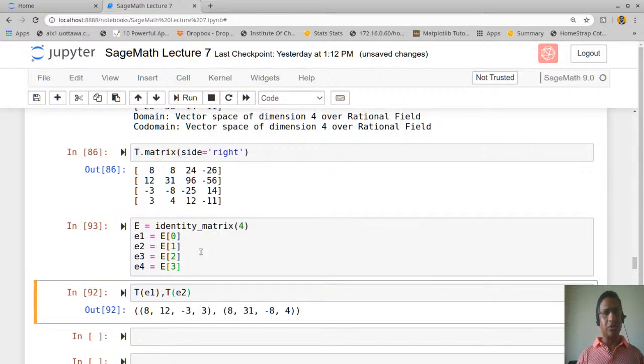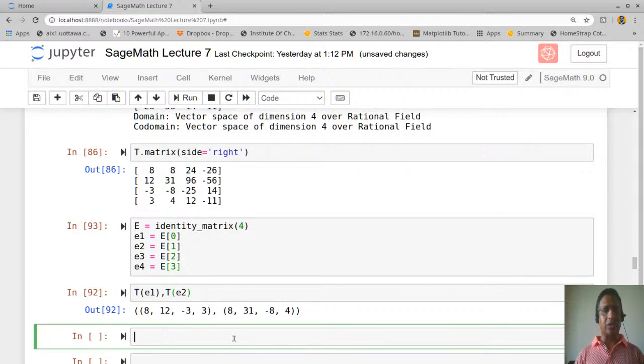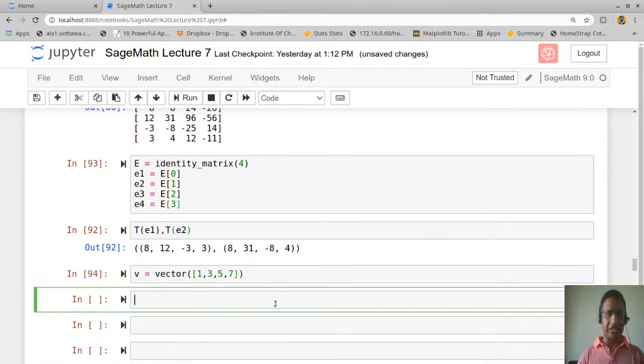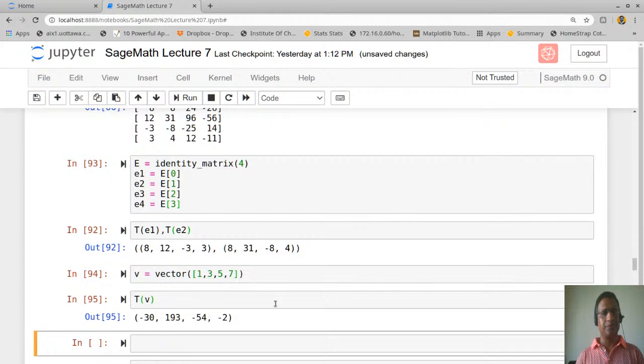Now we can also find out, for example, if I take a random vector V, let us say 1, 3, 5, 7, and want to find the image of V under T, it gives you the image.